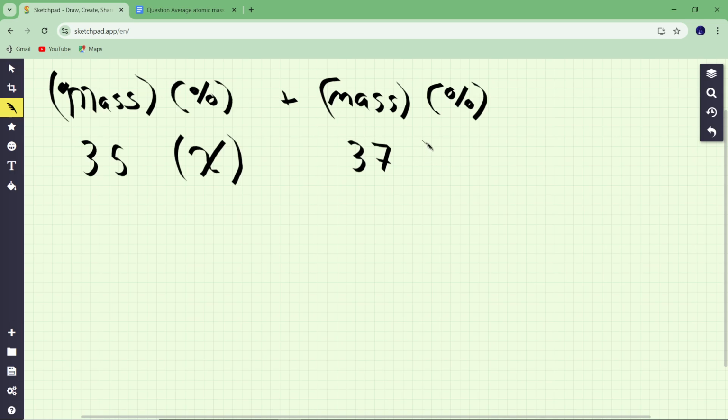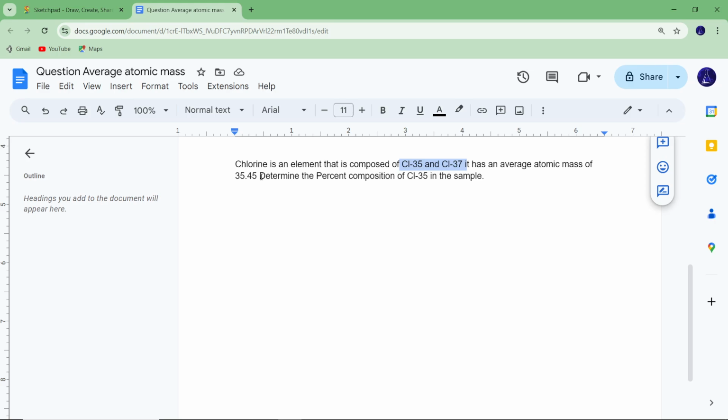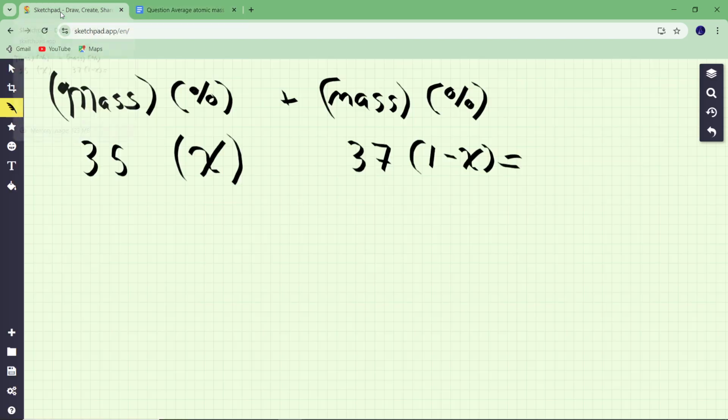So therefore, we could put 1 for 100%, minus X. And that's what this percent is going to be. After we do that, we could figure out average atomic mass. And in this case, it gives us the average atomic mass, and that's 35.45.